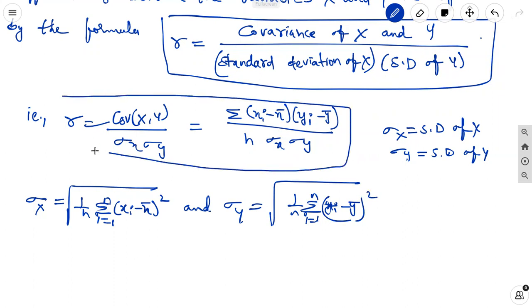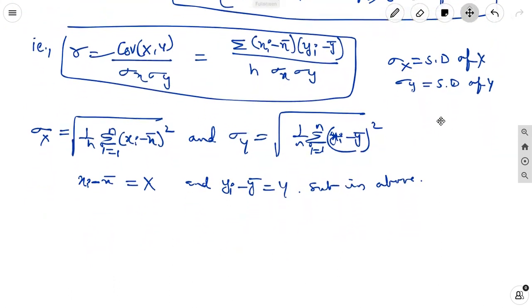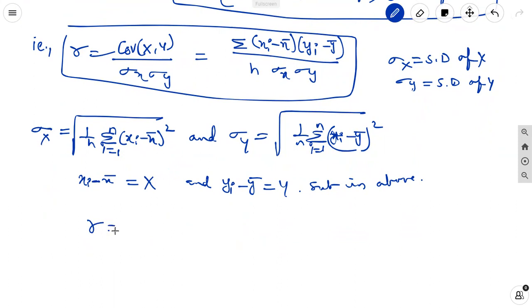If we take xi minus x bar equal to capital X, and yi minus y bar equal to capital Y, and substitute in the above, we can write the correlation of x and y as small r equal to summation XY by under root of summation X square into summation Y square.